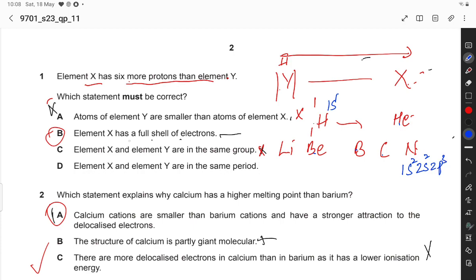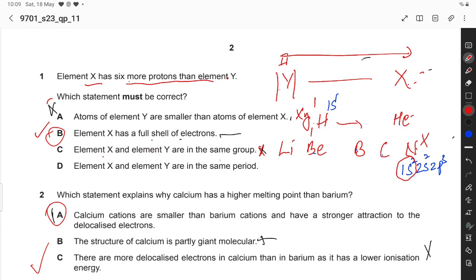So element X has a full shell of electrons, so there is 1 full shell. Nitrogen has 6 more protons than Y. Suppose hydrogen is Y and nitrogen is X. So this is correct.